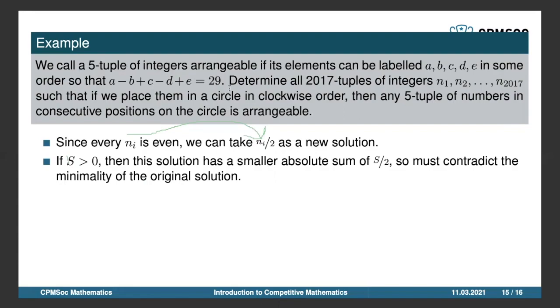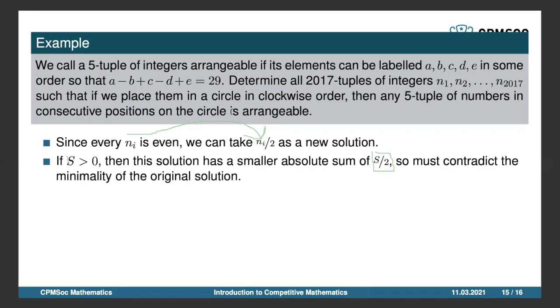And this is problematic because the new sum is S over 2, but S over 2 is less than S in the case where S is more than 0. So again, we have reached a contradiction because S had to be the minimum sum, but if it's more than 0, we'll get an even smaller solution with sum S over 2. So this contradicts the minimality of the original solution.